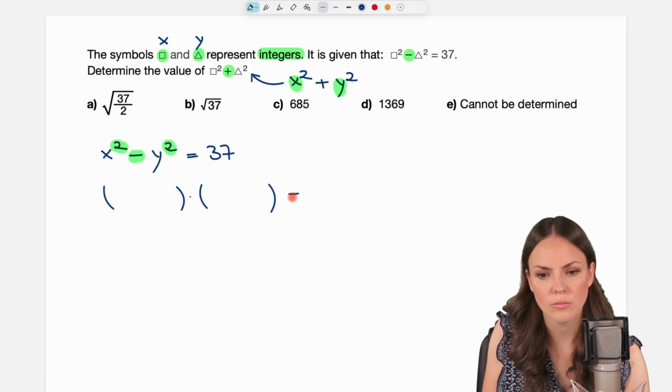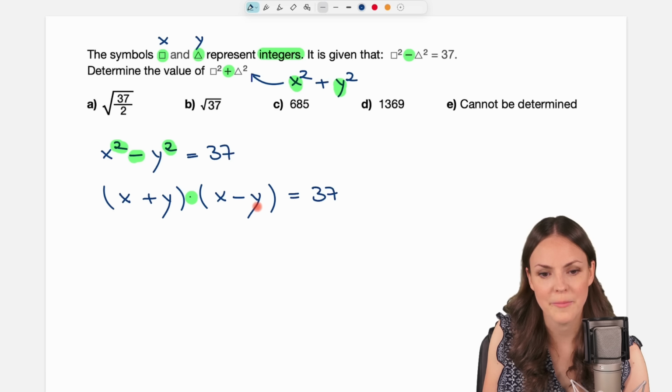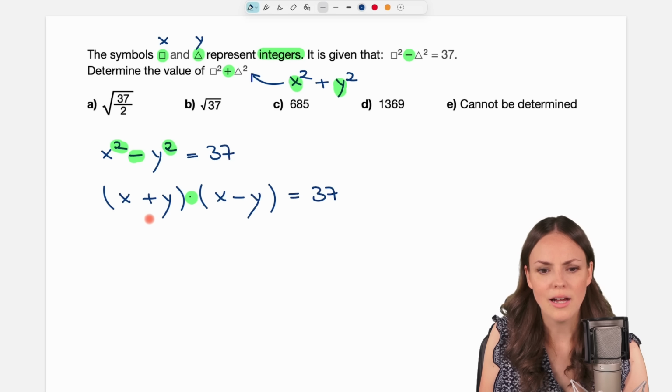On the right side, we still have the 37, but on the left side, we're going to have a product. In the first parentheses, we have x plus y, and in the second parentheses, we have x minus y. So now on the left side, we have a product.